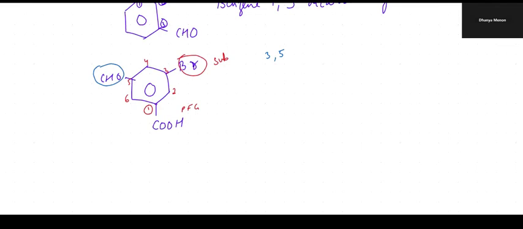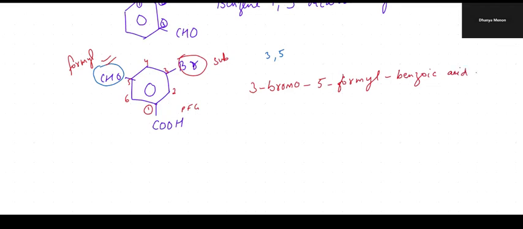So we go according to alphabetical order. At the third position, I have bromo. At the fifth position, I have aldehyde. When aldehyde is the substituent, we call it formyl. So formyl benzoic acid. The benzene ring with acid group is benzoic acid.